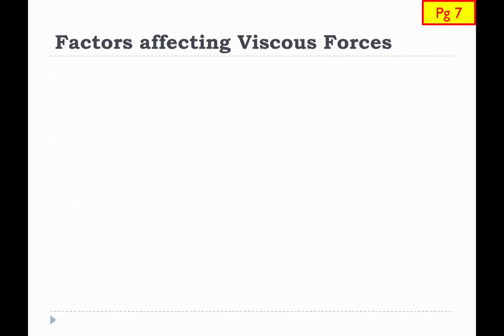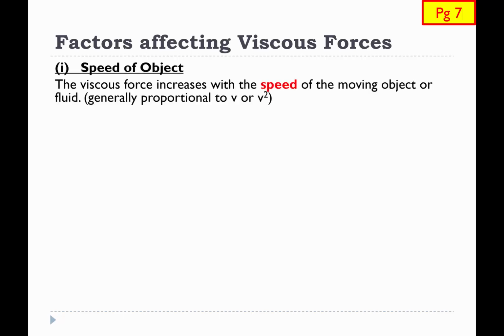Let's discuss some factors affecting viscous force. First and foremost, something I have already mentioned, the speed of the object. Viscous force will increase with the speed of the moving object. It will increase, but you should never say that it is proportional to v, because in certain scenarios the viscous force can be proportional to v squared.